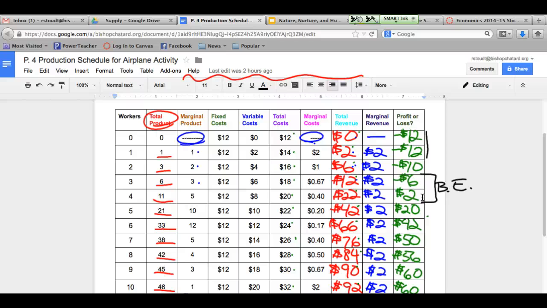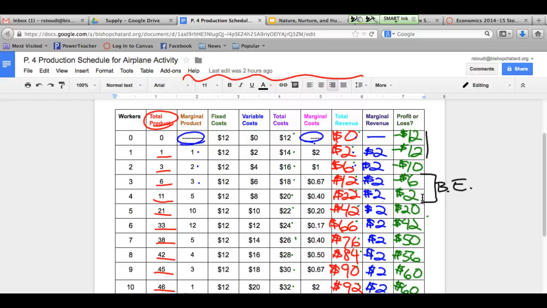All right, the other point that you can determine is your profit maximizing point. Now, if you remember from your notes or from your video, your profit maximizing point is going to be where your profit is the highest and where your marginal cost and your marginal revenue are the same. So look at your profit or loss column, right? Find where your profit is the highest.